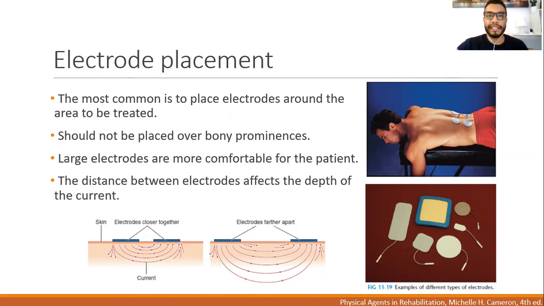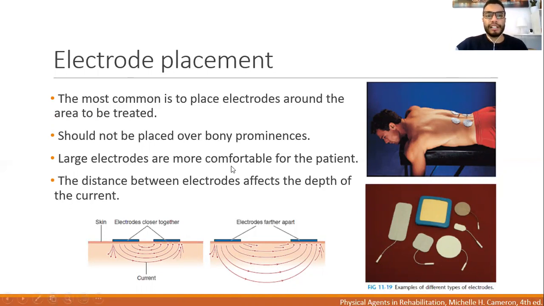The motor points are located over the muscle belly, okay? And also, when we place the electrode over bony prominences, we could cause electrical burns, because it will cause a higher energy density over only one single point. Okay, so this is not desirable.